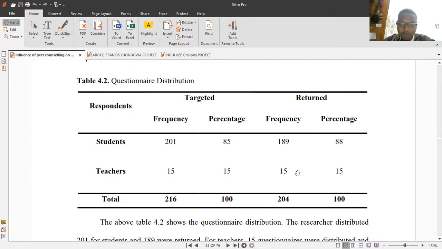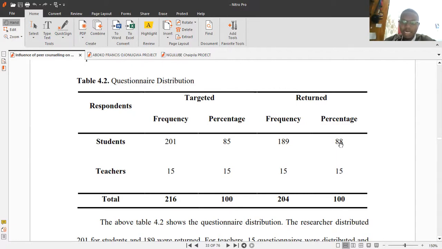But for teachers, you can see he got everything. And then here the percentage for students, you can see he was supposed to get 85%, but everything that he was summing up now gave up to 88%.